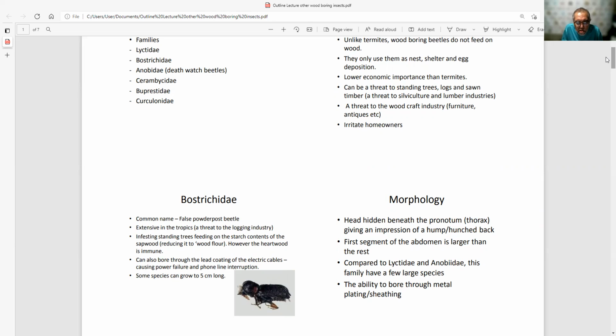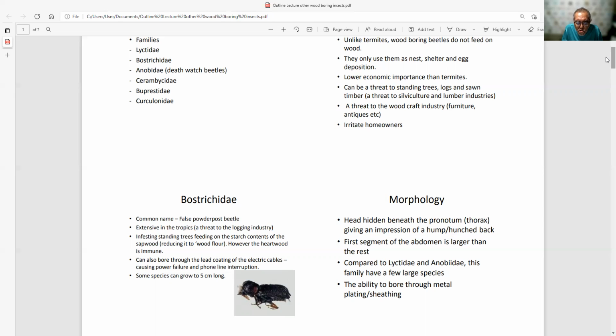However, the hardwood is immune. Hardwood tu maksudnya kayu keras. Kayu keras itu adalah immune, maksudnya tidak disentuh, because it consists of cellulose through and through.